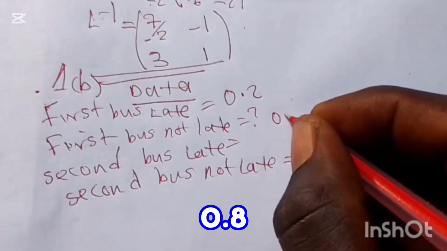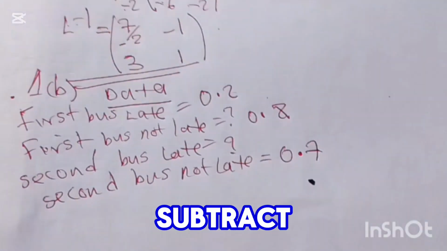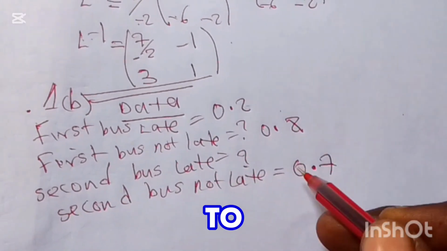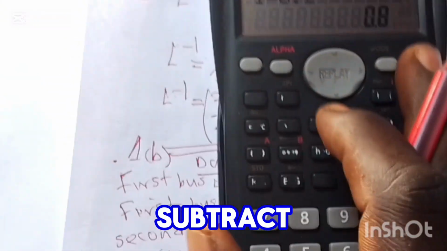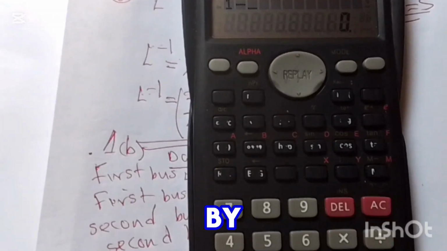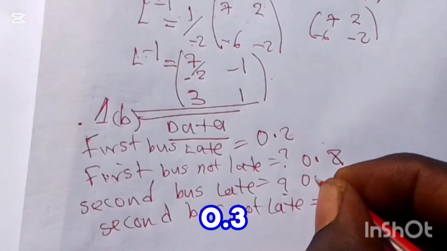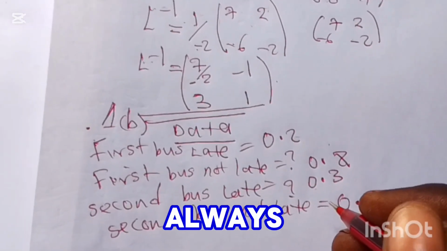Then second bus late is equal to 1 subtract second bus not late, 1 subtract 0.7, which is 0.3. Remember that probability is always less than 1.